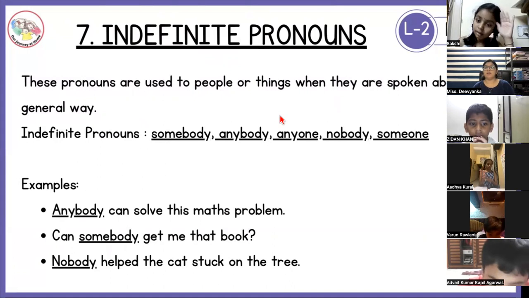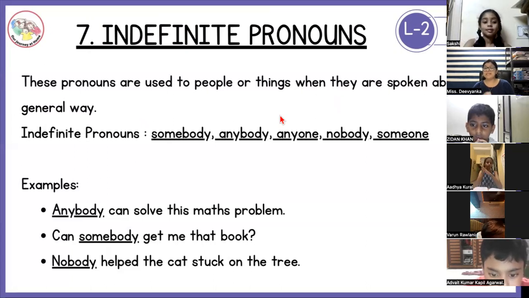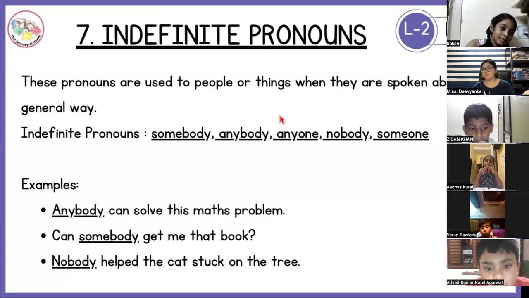Sakshi, what about you, darling? Go ahead if you know it. Mom, we are not sure about anything. When you are not sure about something, right? So when it is not specific, I can say I want to visit the SGS mall here, but that would be a specific mall that I'm mentioning.